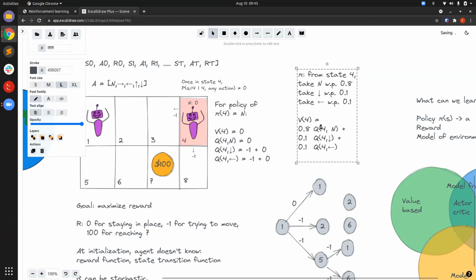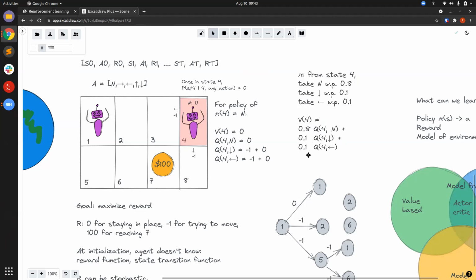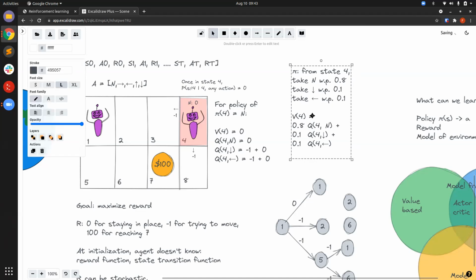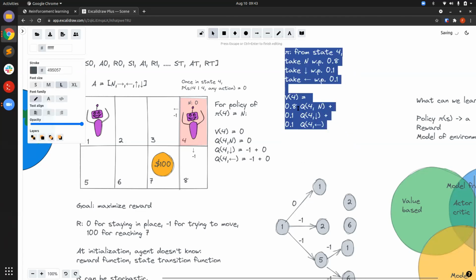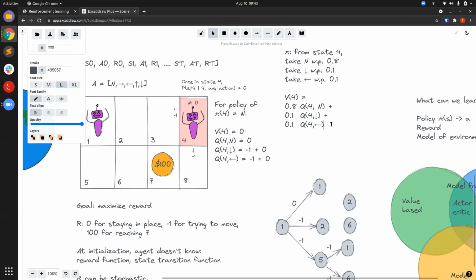So remember that the Q value is going to be the reward for the current action plus the expected discounted reward for the future. So we have something like this. We know what the reward for the current action is in each of these cases. It's 0 plus something.